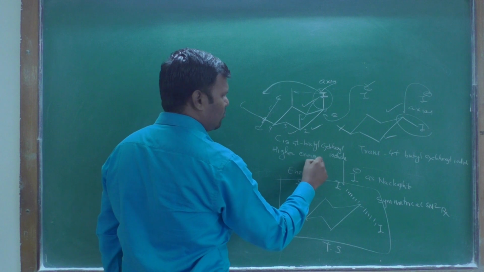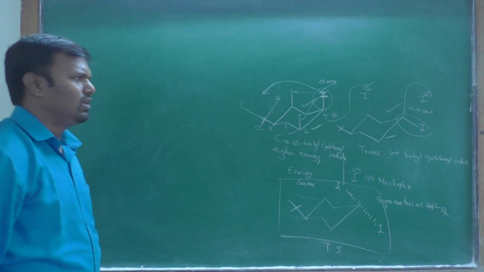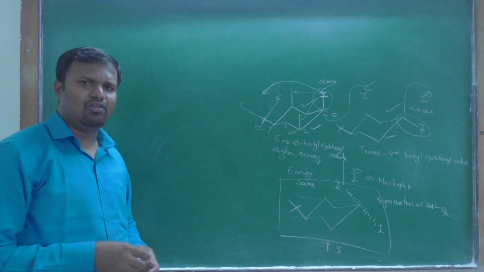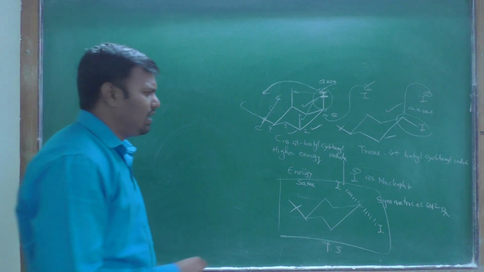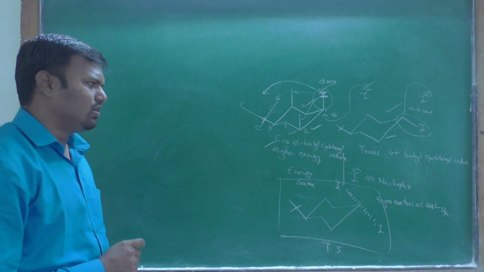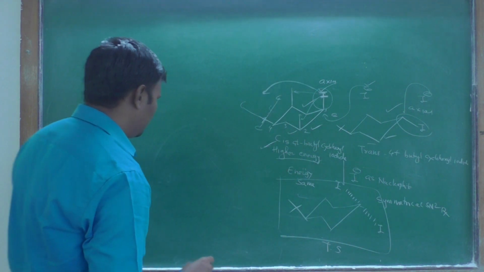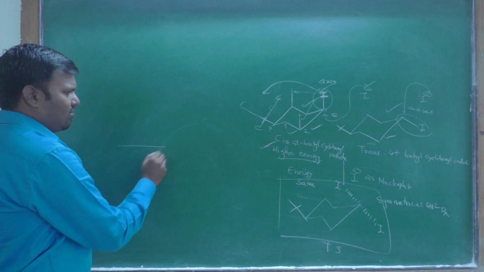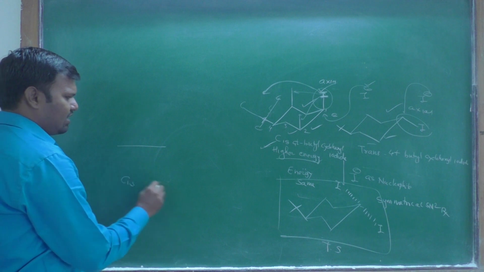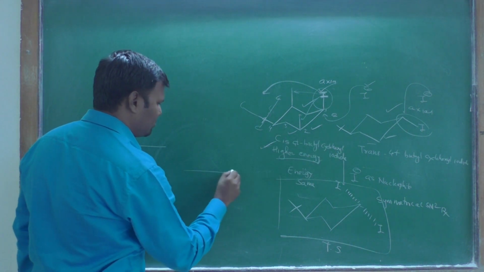By looking at its conformation and where the group is placed, axial or equatorial, we can predict whether it is higher energy or lower energy. This compound is higher in energy than this. Therefore the ground state of this is higher. The cis compound ground state is higher, and for our trans compound the ground state energy is less.